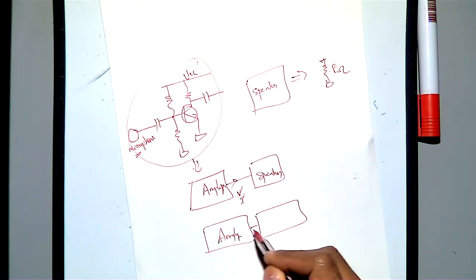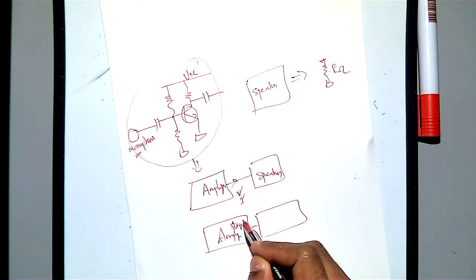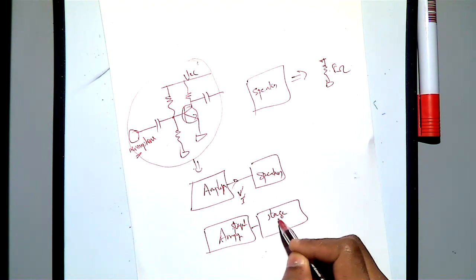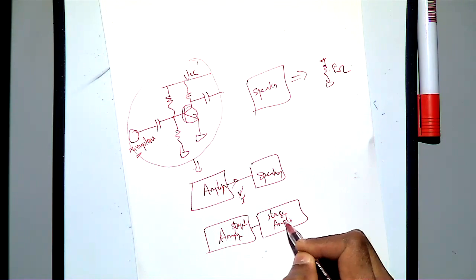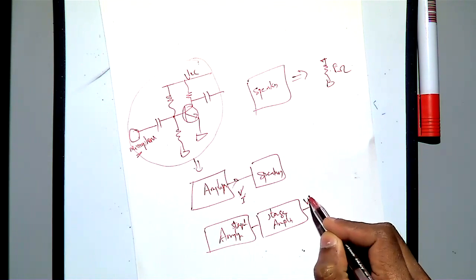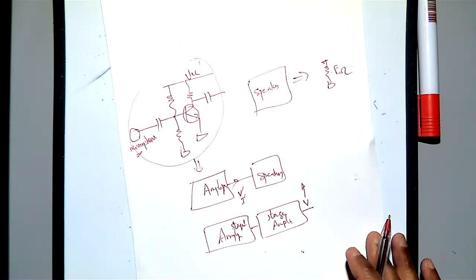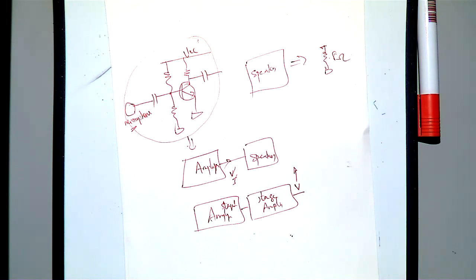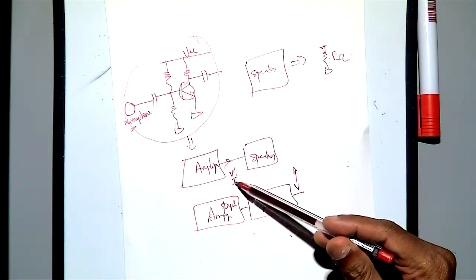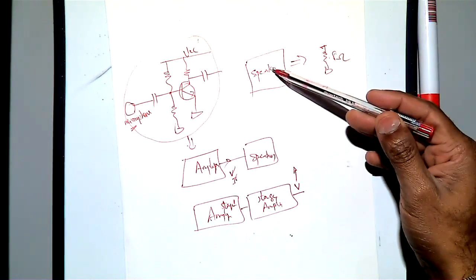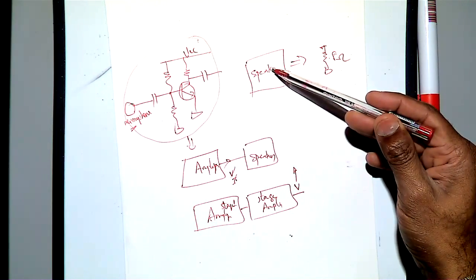You can put stage 1, then connect another stage 2 amplifier, and boost up the voltage. Then for current amplification, what will you use? Based on your knowledge, you want to amplify current now, because for the speaker your current requirement is more.